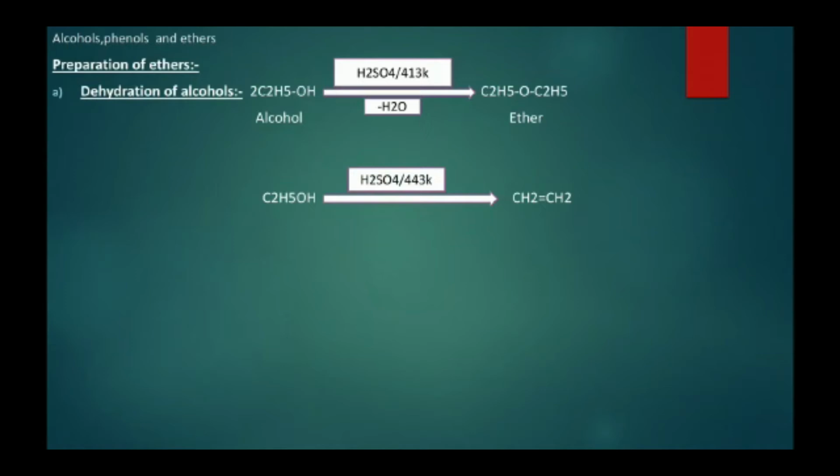So when alcohol is heated with H2SO4 at 413 Kelvin temperature it forms ether, and when alcohol is heated with H2SO4 at 443 Kelvin temperature, then it gives the alkene. So the condition for this reaction is to maintain the temperature.